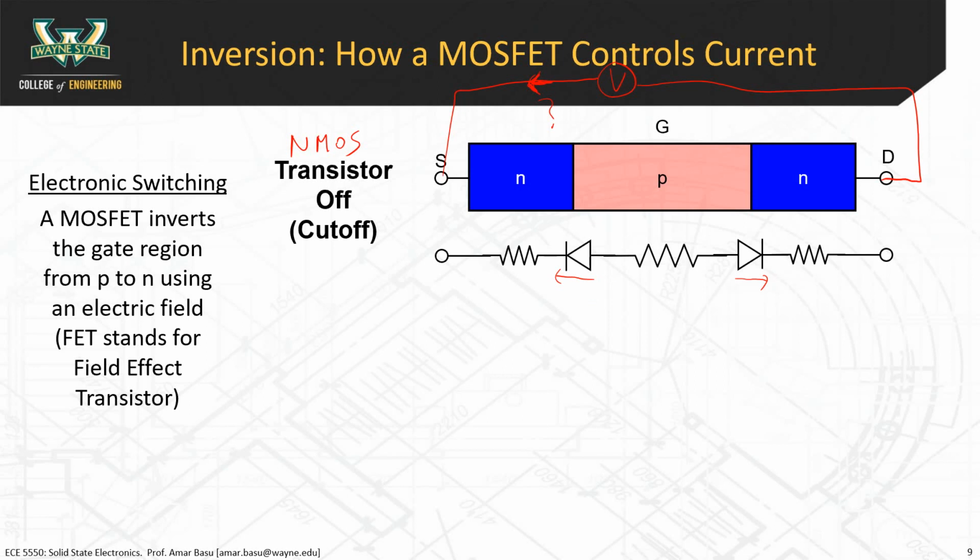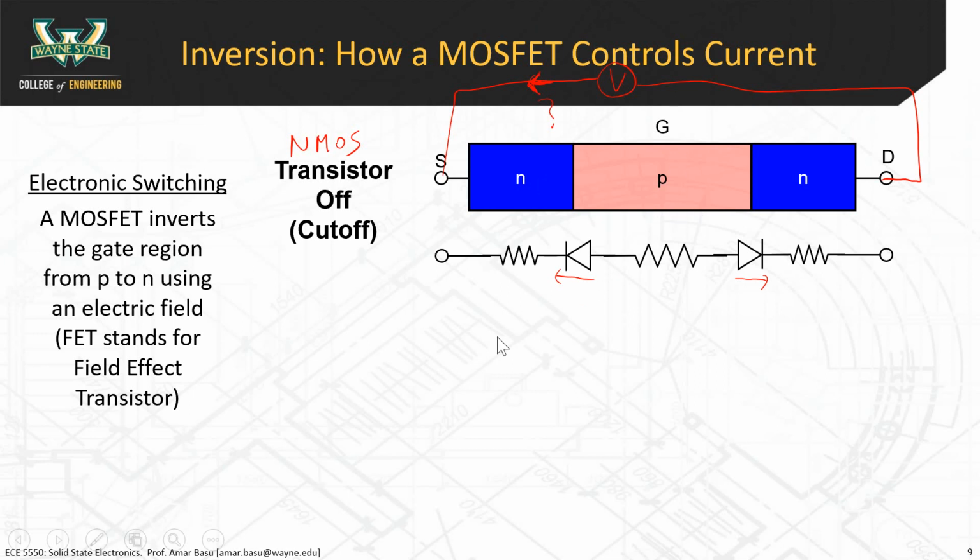One of these diodes is always going to be off because these two diodes are pointed in opposite directions. Diodes only conduct current in the forward direction. So as a result, with this transistor you cannot get any current flow going from the source to the drain.